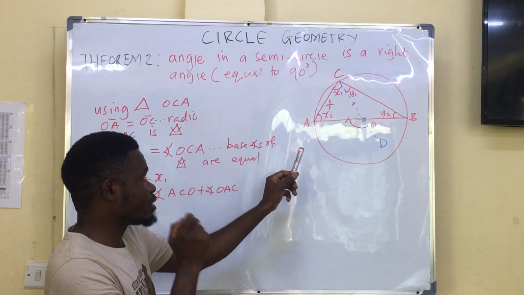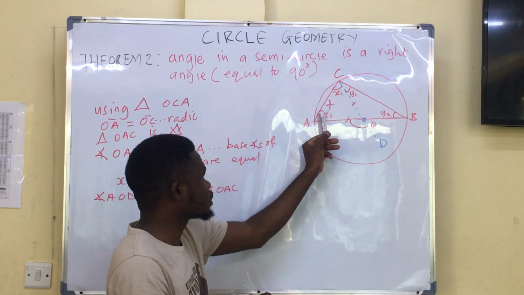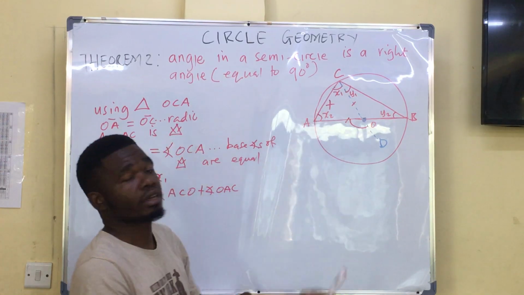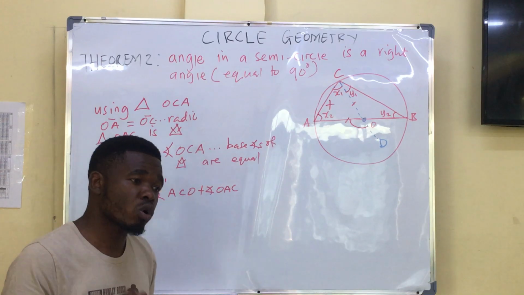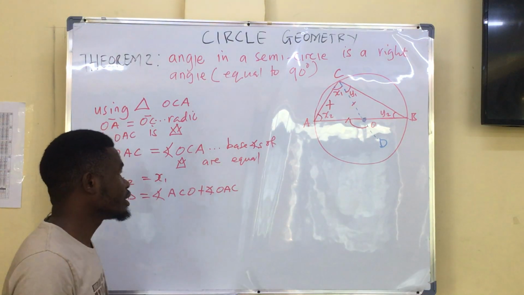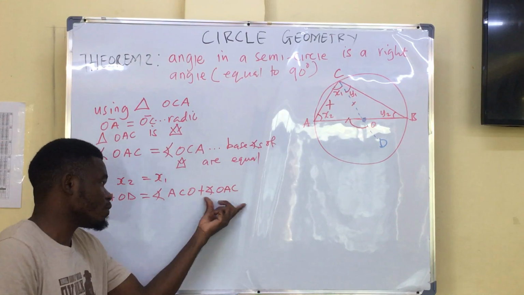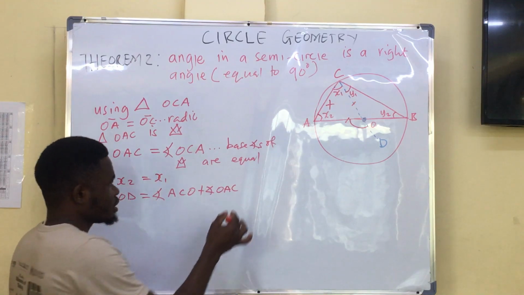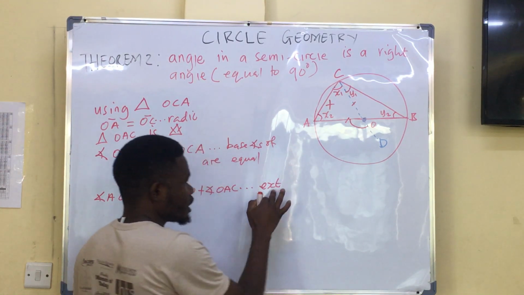To find the value of that angle, we need to add angle OAC, which is this one, plus angle OCA. The exterior angle of a triangle is equal to the sum of two opposite interior angles, right? So this one is an exterior angle, and these are interior angles. If you add them, we find the value of this exterior angle.